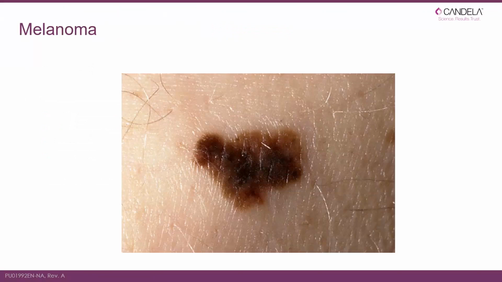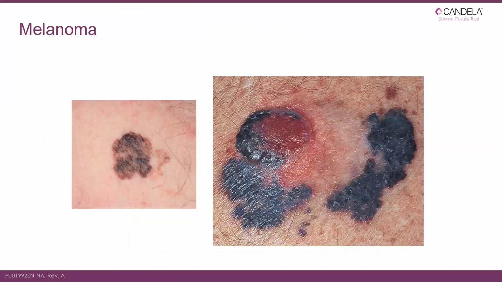So you can see it's got an irregular border, and there is a little bit of difference in the color within this particular lesion. As they move on and progress, you can see now that differentiation is becoming more obvious. Very irregular borders and much more difference in the color within that lesion itself.